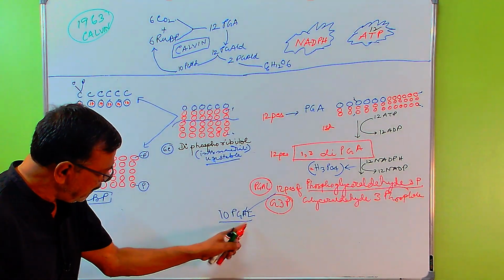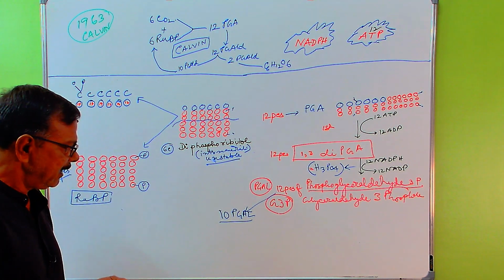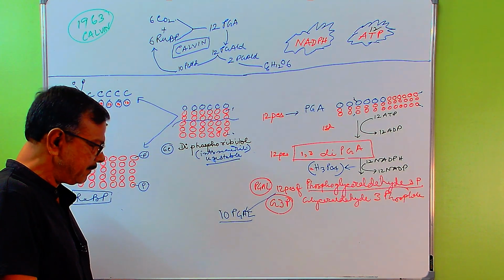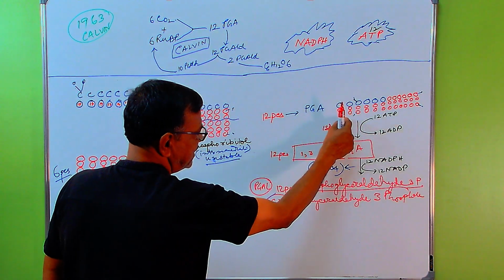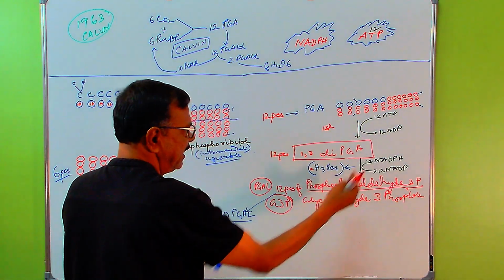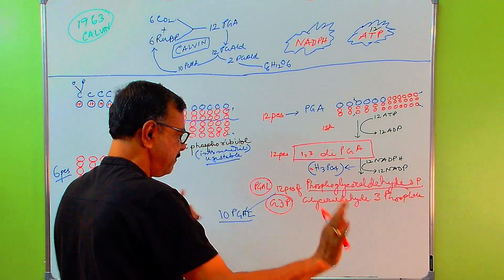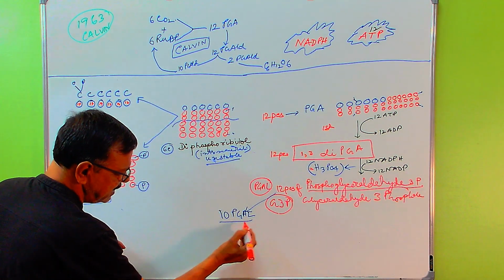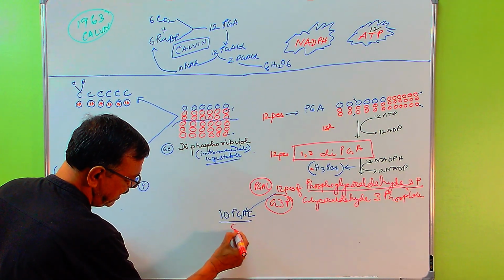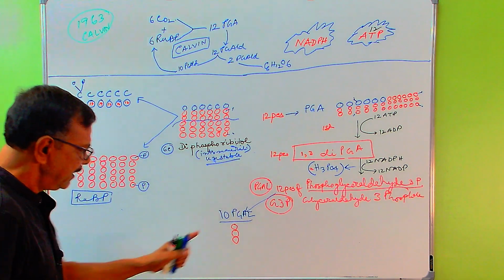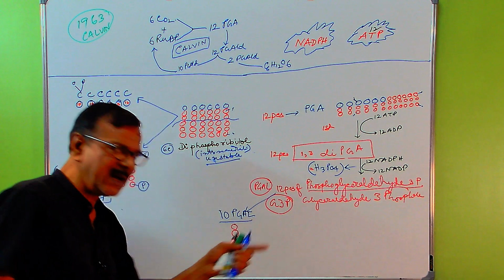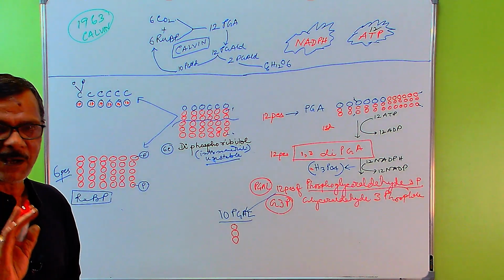Okay. Now 10 PGA, while I am taking, each PGA contains how much? 3. Here it is 3, here it is 3, here it is 3. Something coming out, something goes out, forget it. Now 10 PGA, each containing these 3. 10 phosphoglyceraldehyde.